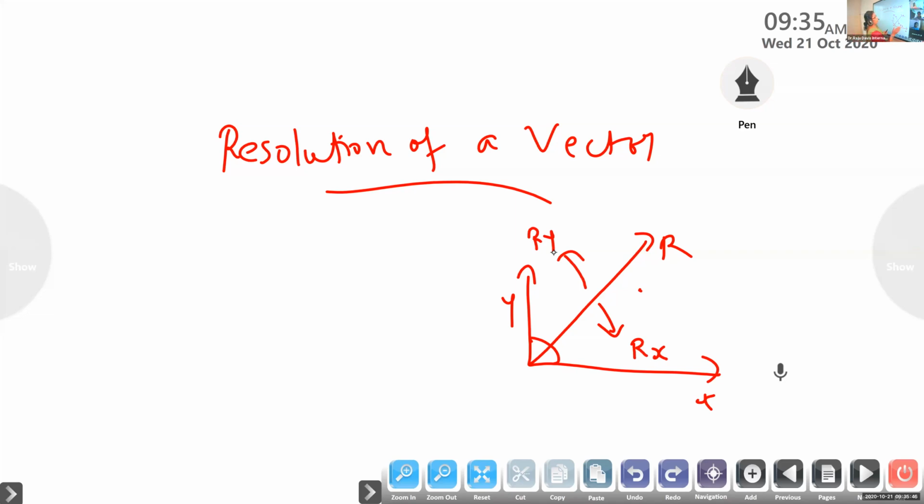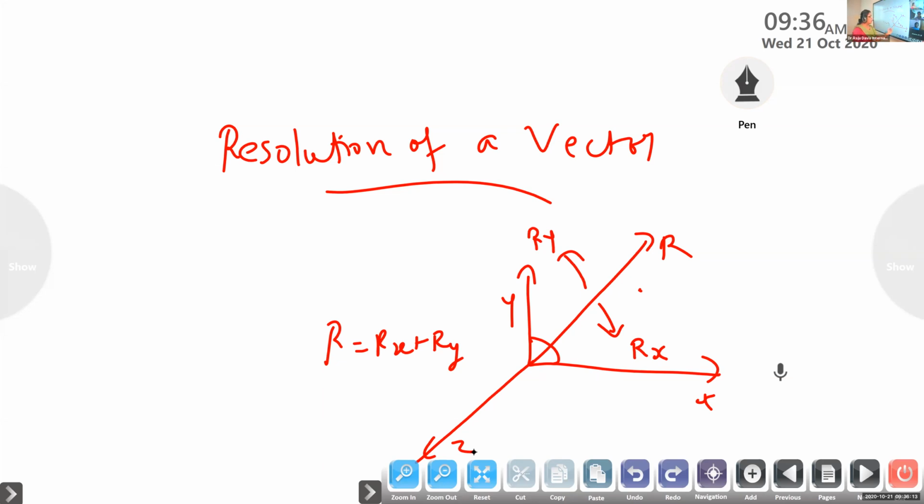Now, as I told you, the total magnitude of this vector will be the sum of these two components. That means R is equal to Rx plus Ry. That is how we resolve the components. Suppose it also lies in the plane of the z axis.